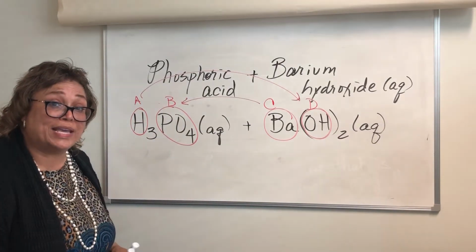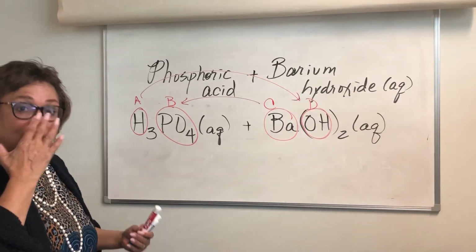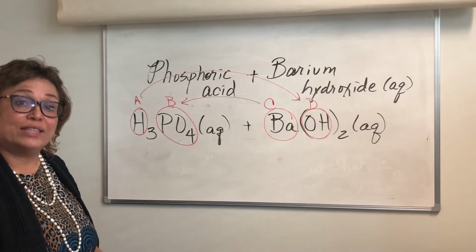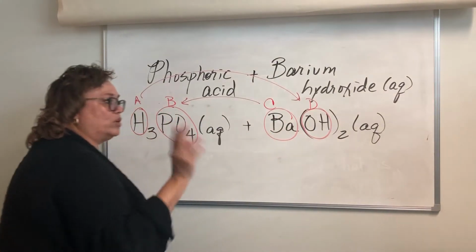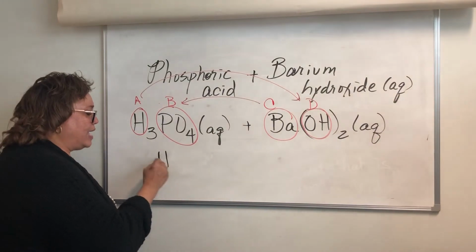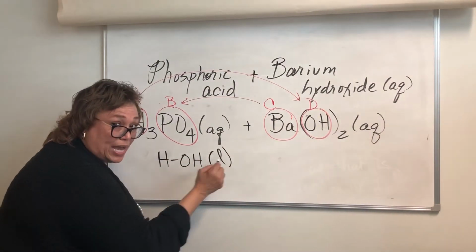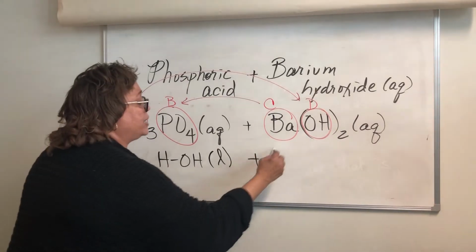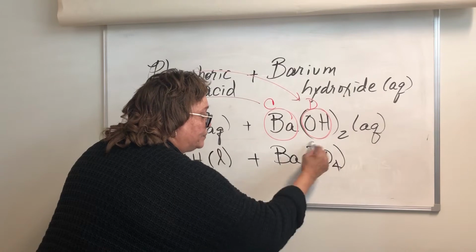Now once you swing it, you just say the name of what you're going to make on the product side and write the formulas correctly. All right, so I got HOH, and what do we know that's always going to be? Water. So here we go, H-OH, liquid. We're not at elevated temperatures, plus we have a barium phosphate.